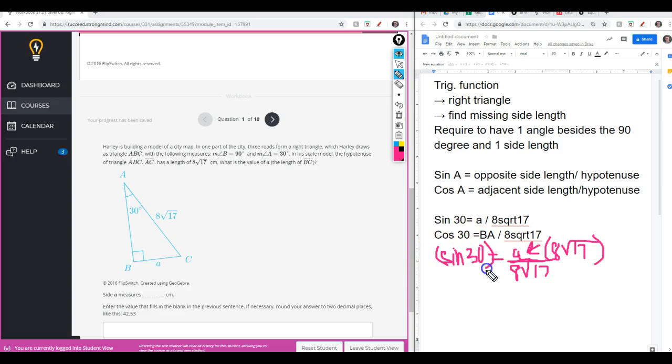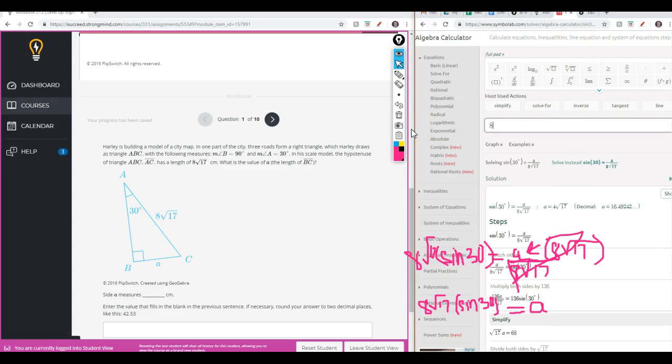That is because 8 square roots of 17, even though it looks like a weird number, is being divided by the exact same number, and that reduces down to 1. So then we are left with a is equal to 8 square roots of 17 times sine of 30. So then we can jump over to our calculator and type that in.